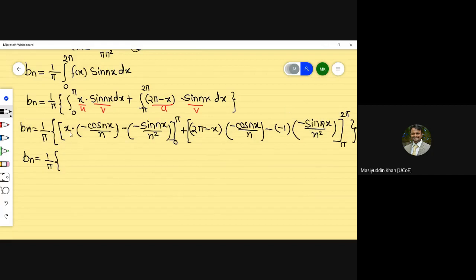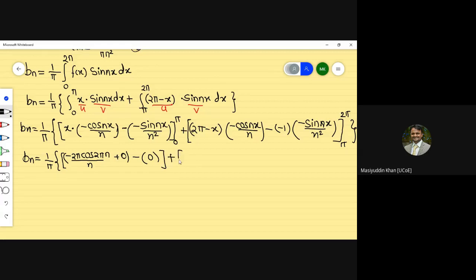Substituting upper limit, so 2 pi minus, substituting here, minus 2 pi cos 2 pi n upon n. This is 0, so we put as it is plus 0. The upper limit is kept as it is. This part minus, taking the lower limit, 0 into anything is 0, sine 0 is by default 0. The lower limit is by default 0.